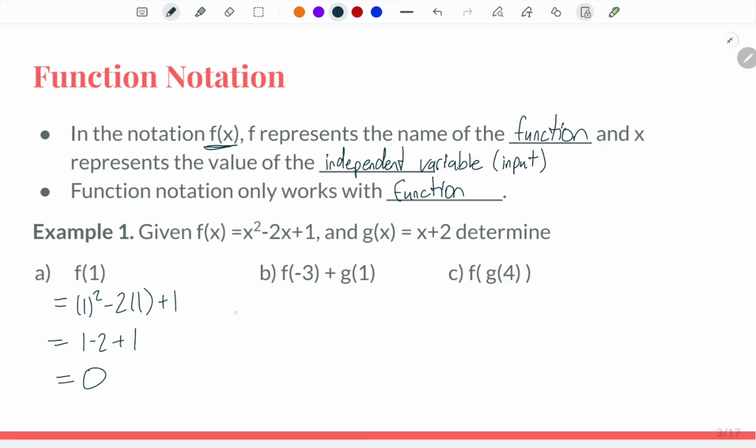f of negative 3 plus g of 1. So just separately plug into f and g. So f of negative 3 would be negative 3 squared minus 2 times negative 3 plus 1. And then g of 1 is just going to be this next section, which is just 1 plus 2.